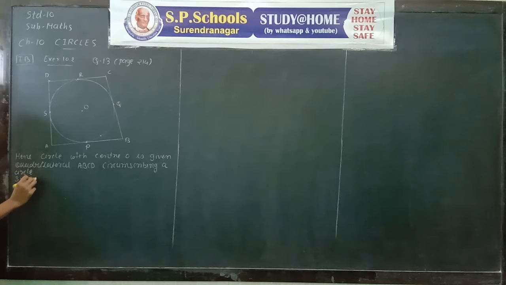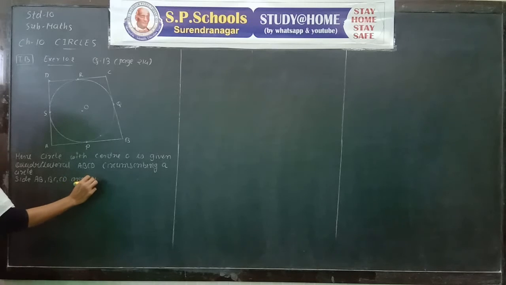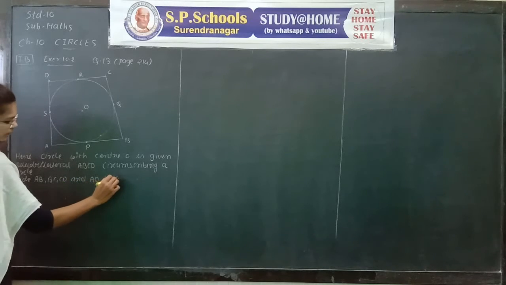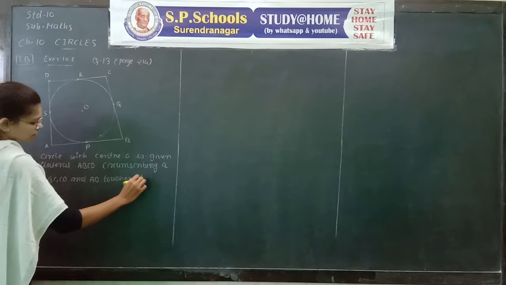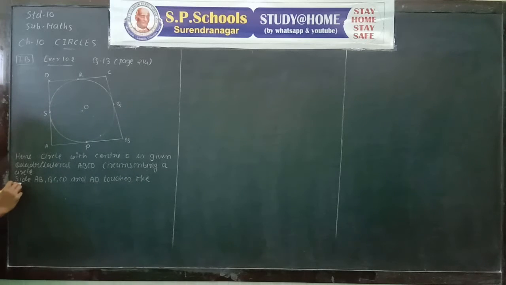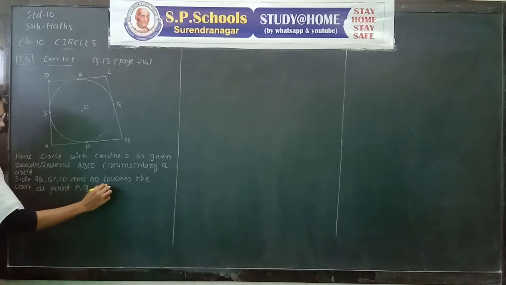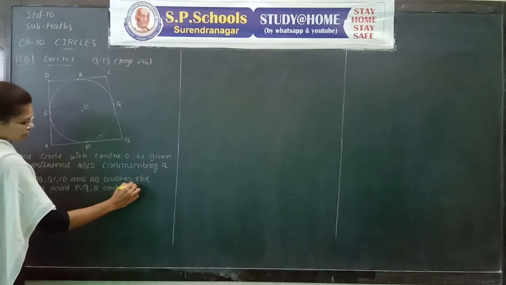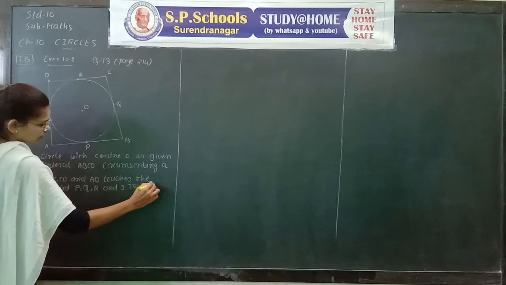Sides AB, BC, CD and AD touch the circle at points P, Q, R and S respectively.